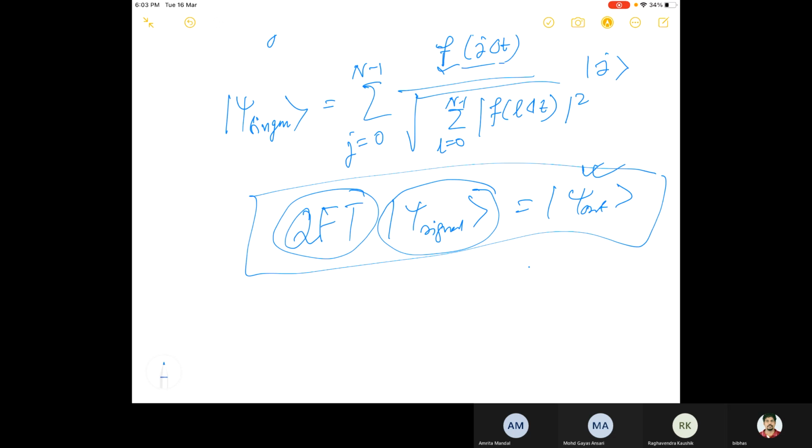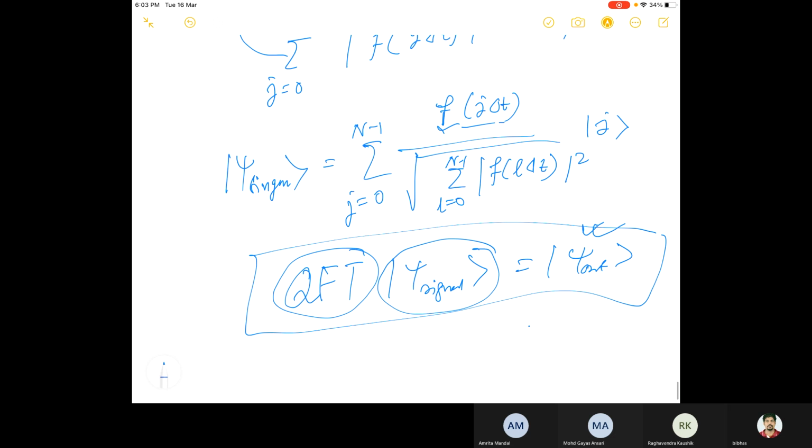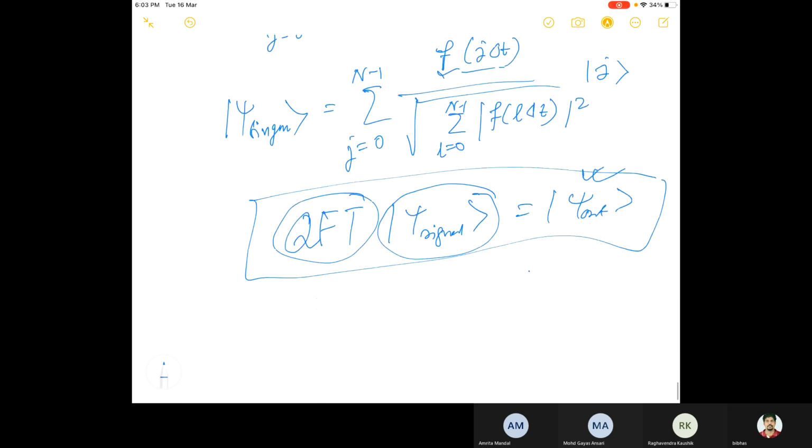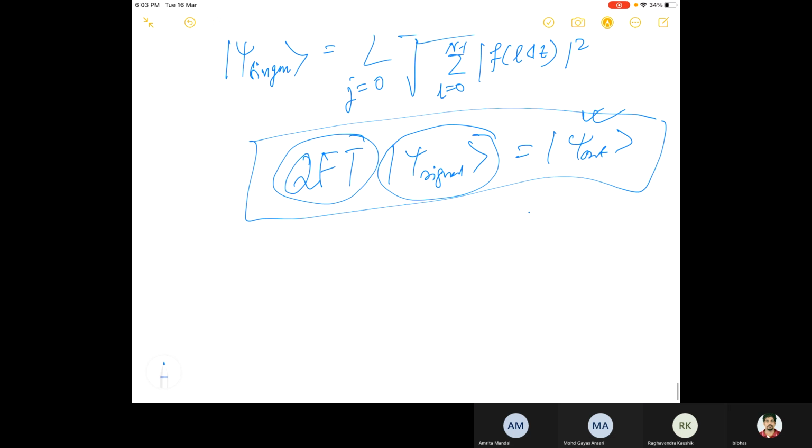So that is polynomial in small n, where 2 to the power n is the number of points. So this quantum Fourier transform can be realized with a polynomial number of operations. That's why I want to bring it into the quantum domain.